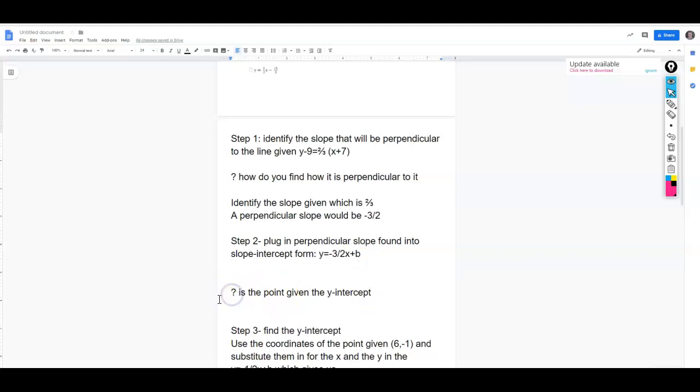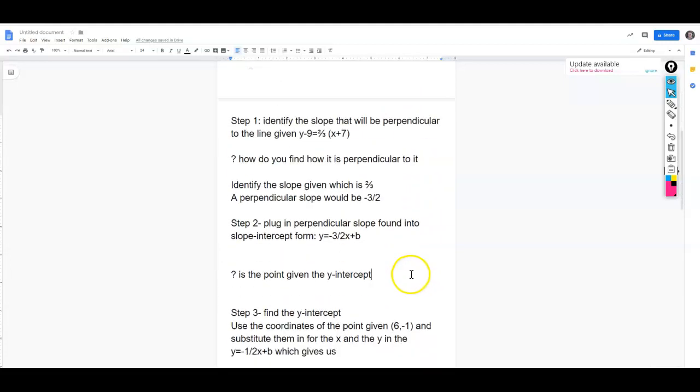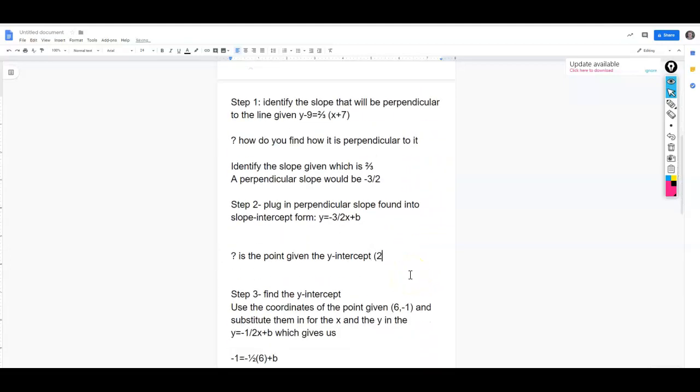So the question that we're going to run into next is, is the point given the y-intercept? And the point given is (2, 3). And how did you know?